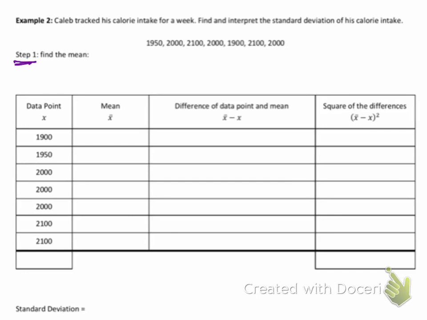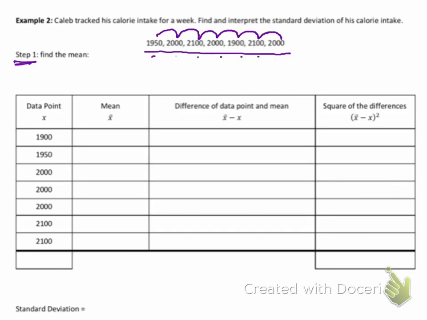In my calculator, I'm going to add all these up: 1,950 plus 2,000 plus 2,100 plus 2,000 plus 1,900 plus 2,100 plus 2,000. I'll add those all up and then divide by 1, 2, 3, 4, 5, 6, 7 numbers.